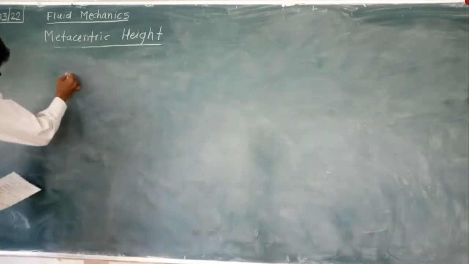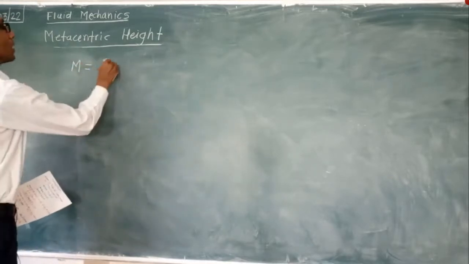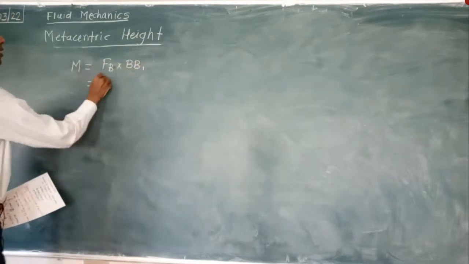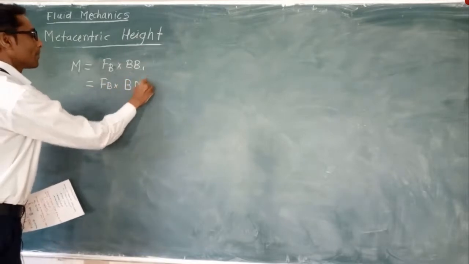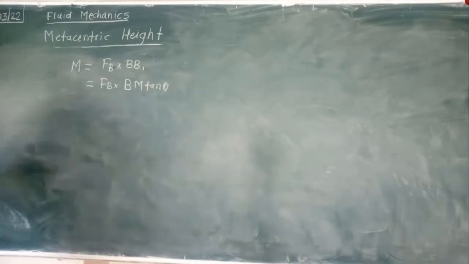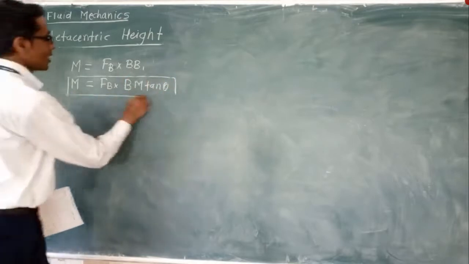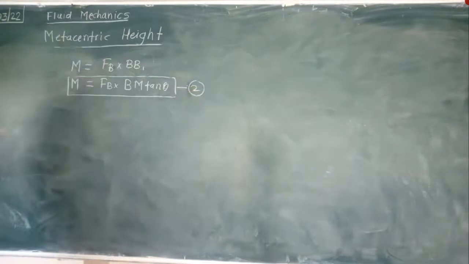As we have taken the moment equation for the buoyant force, FB into BB1, and we have got BB1 as BM tan theta by the geometry, this we call equation number 2.